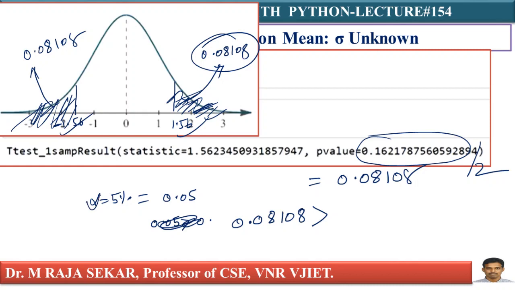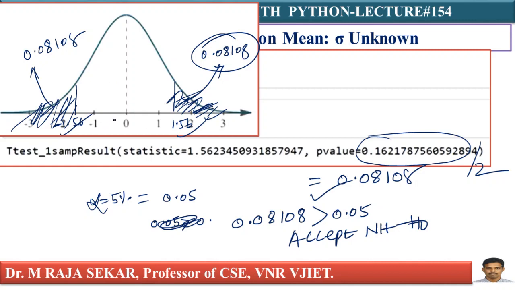I am assuming alpha equal to 0.05. If the p value is greater than alpha, what do you have to do? We have to accept the null hypothesis, that is H0.